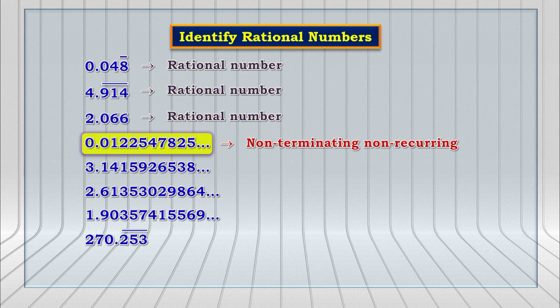And also the number is not terminating, right? So this is called the non-terminating, non-recurring number. So this is not a rational number because whenever a particular decimal number is non-terminating and non-recurring, that is not a rational number.